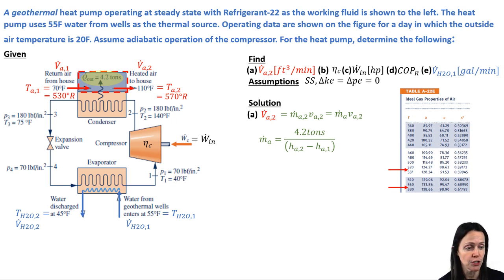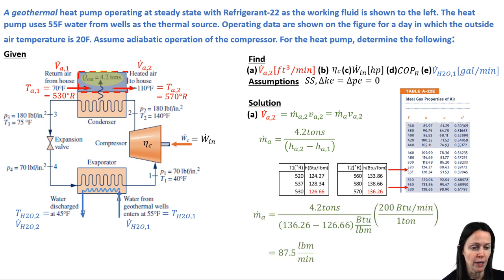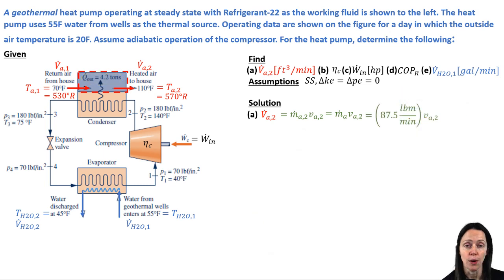Make sure I go to my English units, and I'm looking right here, and you see that I have, of course, had to change things into Rankine, but I just pull off T1 and T2 and plug things in. I do have a few little unit conversions to do since I've got tons, but other than that, I've got 87.5 pound mass per minute. So I can plug that in.